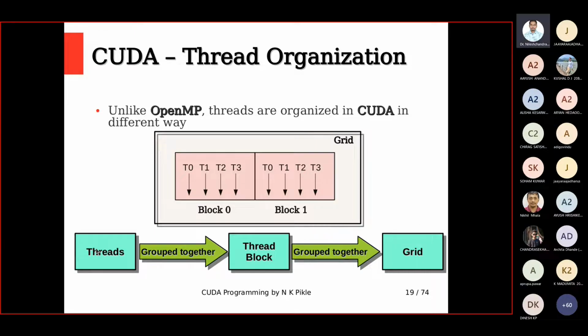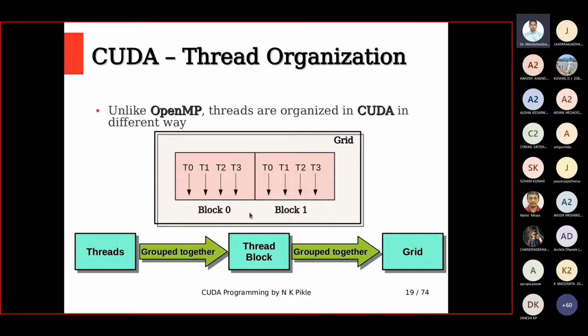Now every thread and thread block is going to have IDs, identifiers, right? So you can see here, I am referring to these 4 threads with numbers 0, 1, 2, 3. So every thread inside a block starts with ID 0, right? So 0, 1, 2, 3. These are the IDs for the 4 threads inside block 0.